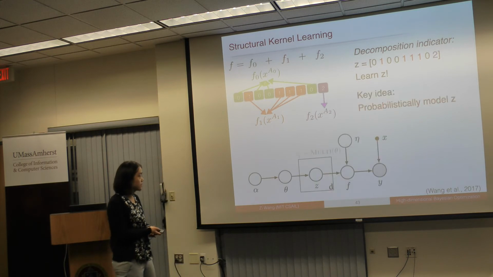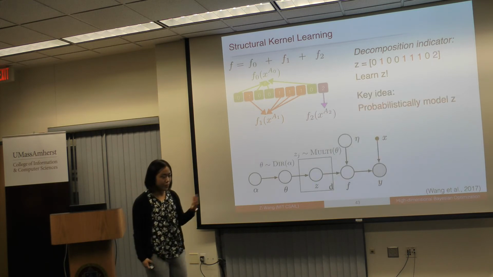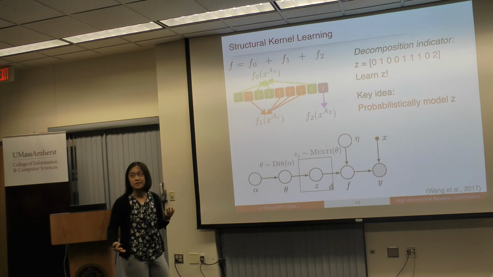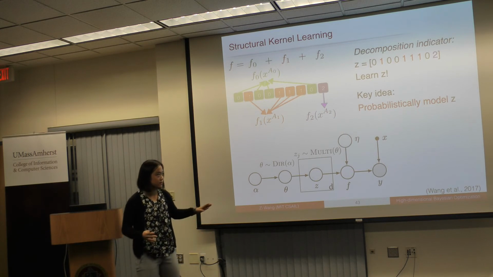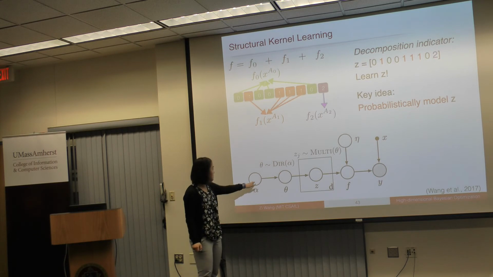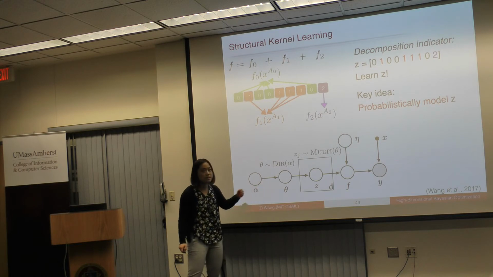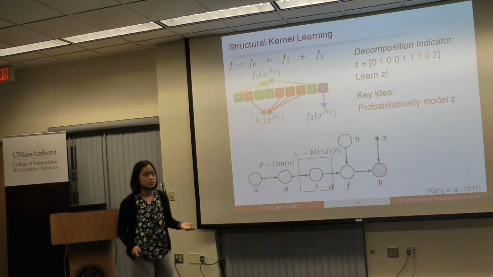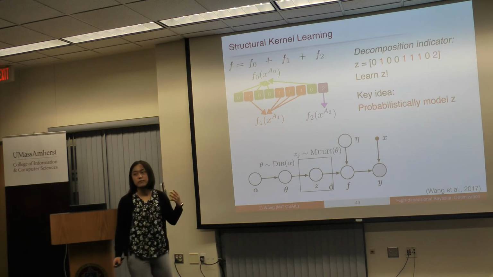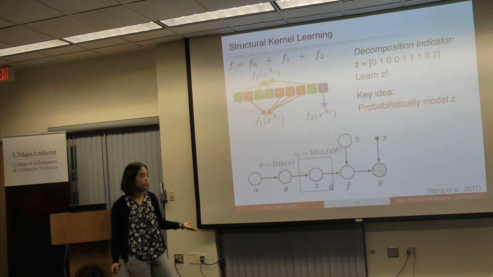The idea is to do probabilistic modeling, and we view this as sort of an LDA type of process, but not really. As a generative process, we have some hyperparameter alpha, and a parameter theta that is distributed according to the Dirichlet distribution parameterized by alpha. Our z vector, for each dimension, is a sample from the categorical distribution parameterized by theta.